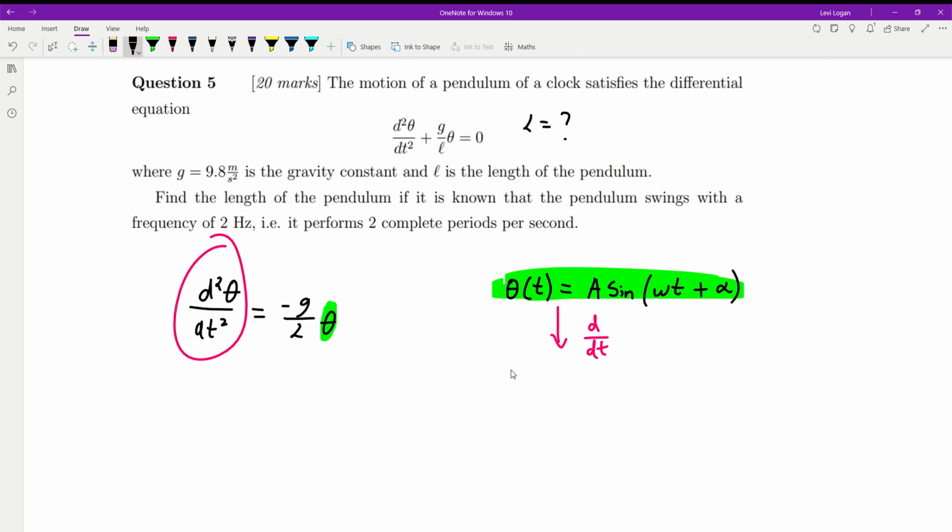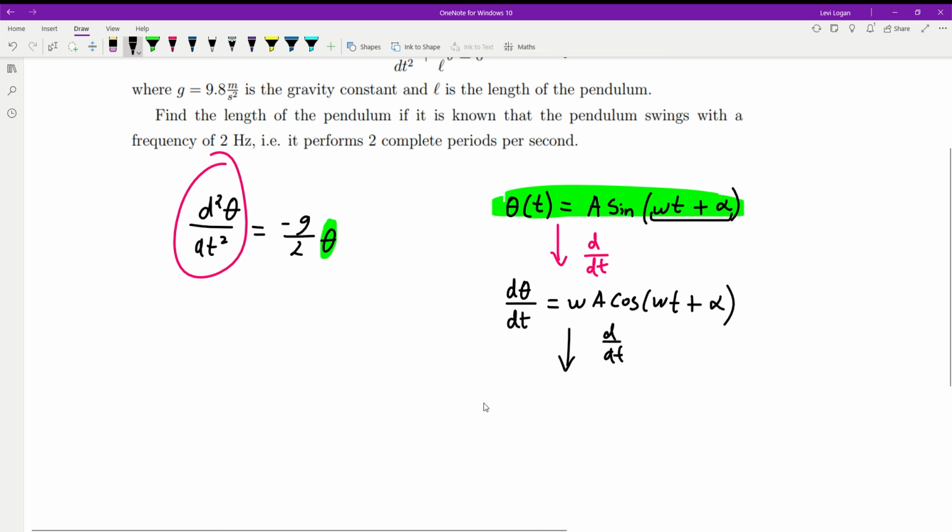We get d theta on dt equal to, using the chain rule, differentiating the inside function, so you get omega, omega a, and then cos, because if you differentiate sine it turns into cos: cos of omega t plus alpha. Now we have to differentiate it again because we're looking for the second derivative.